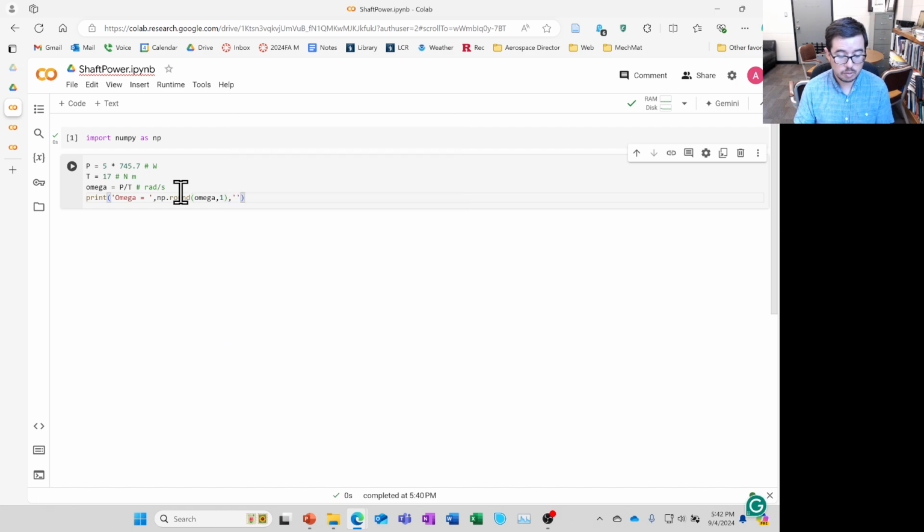And here we'll do radians per second, just like that. And we run that. And yes, we got 219 radians per second, which is what we had last time. So this is a fairly straightforward way to calculate the relationships between power, torque, and angular velocity, with P equals torque times omega.